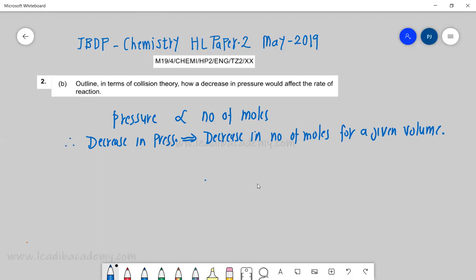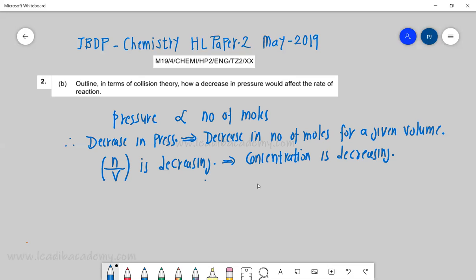What does it mean? This means that n, the number of moles, divided by volume is decreasing. What is N by V? Moles upon volume, that is nothing but concentration, which is decreasing.